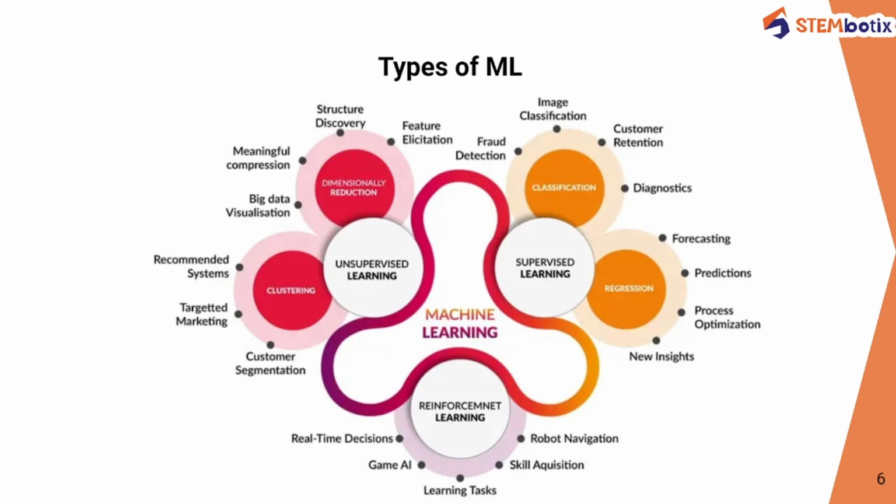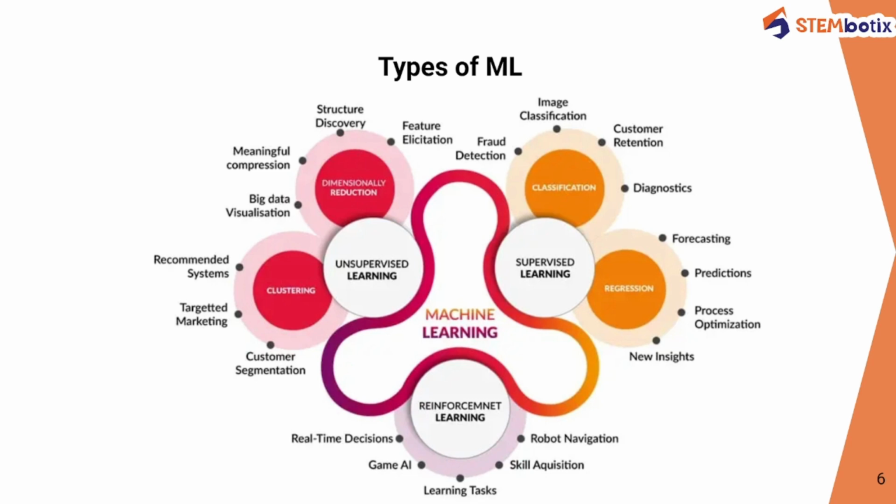Now, moving on to our third main type, which is reinforcement learning. In this type, an agent learns to make decisions by interacting with an environment. The agent receives feedback in the form of rewards or, say, penalties, guiding it to improve its decision making over time.